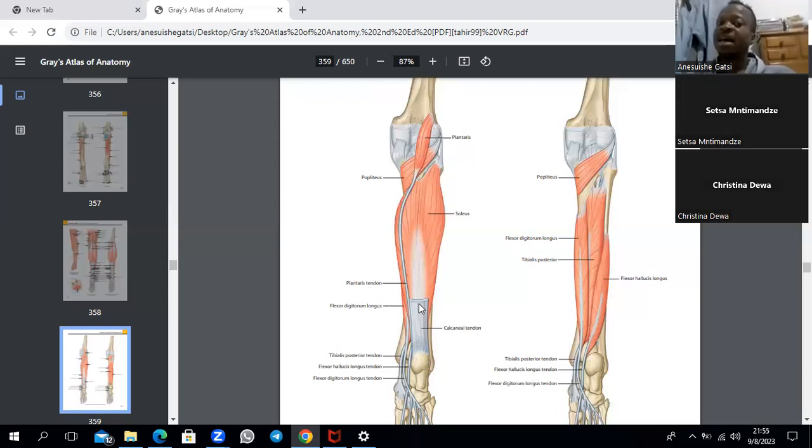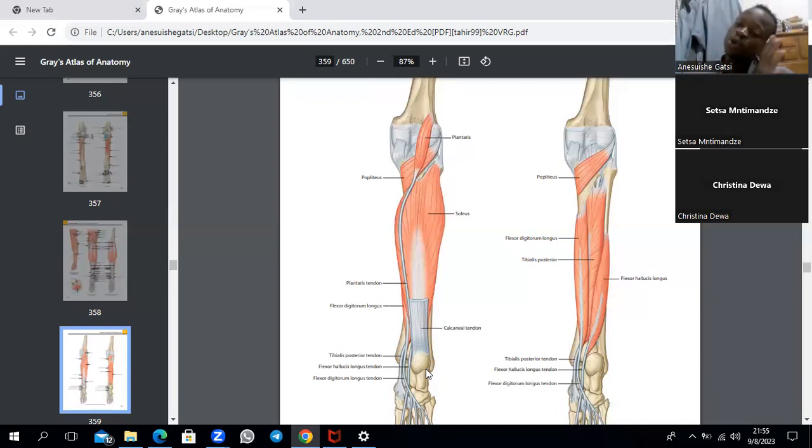The other muscle, the P here, look at it. It's the plantaris. Just like the palmaris longus, short belly, very long tendon, so it can be mistaken for a nerve. That tendon also inserts onto the calcaneum, but it inserts separately from the Achilles tendon.